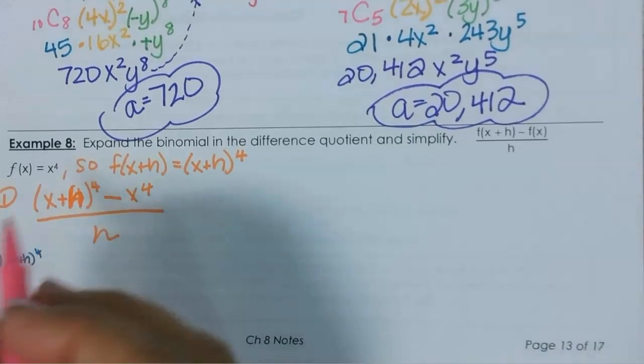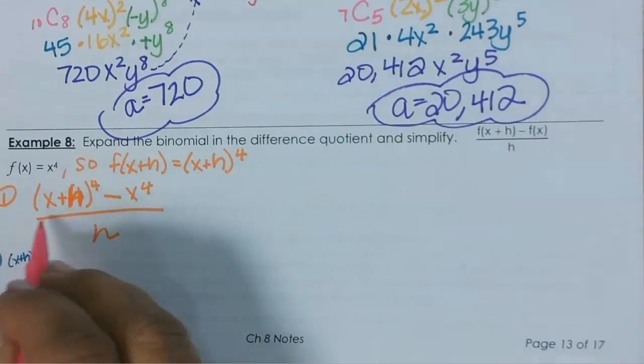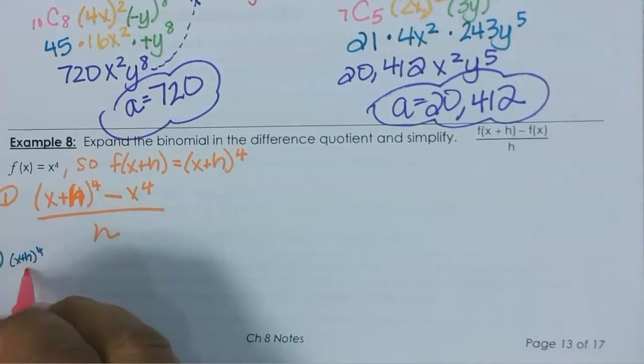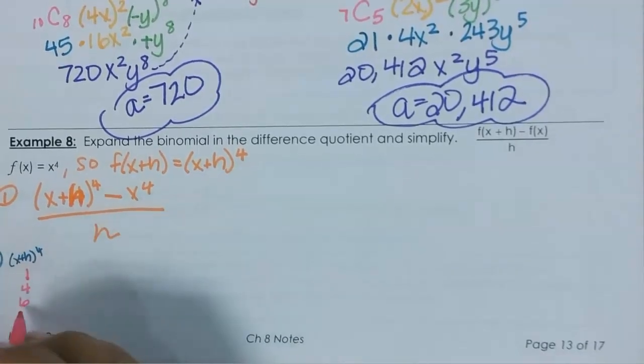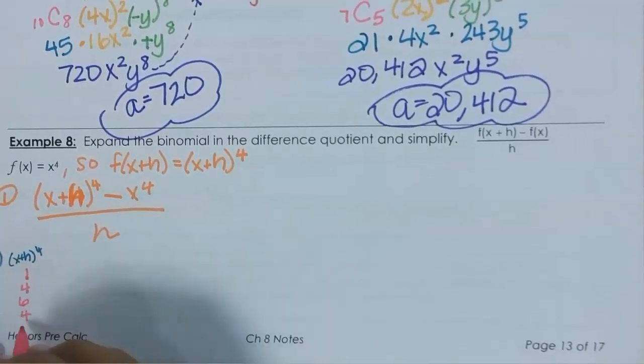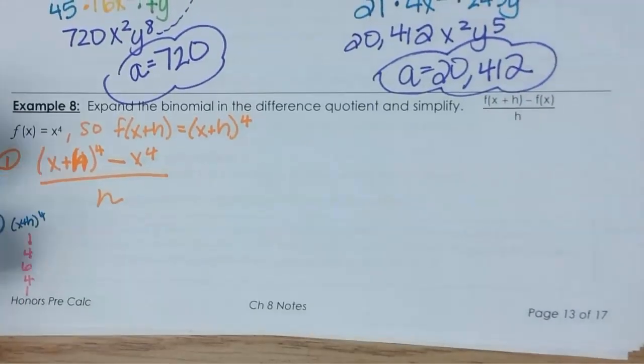We know that we would have to have, I'll try to kind of condense it down, 4c0, which is 1, 4c1, which is 4, 4c2, which is 6, 4c3, which is 4, 4c4, which is 1. Okay.